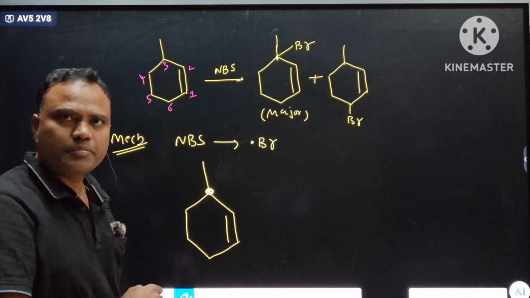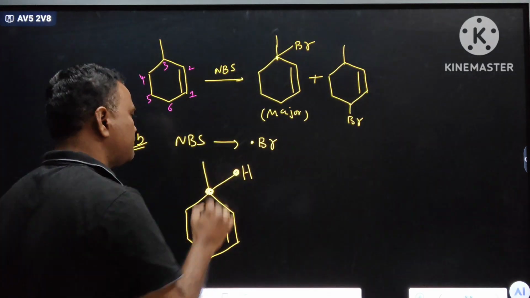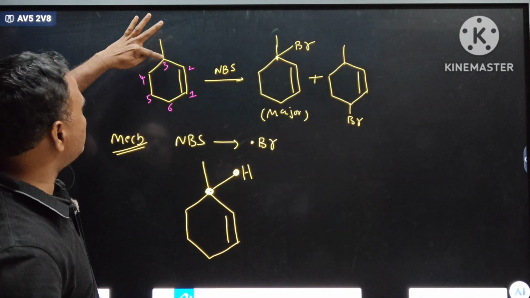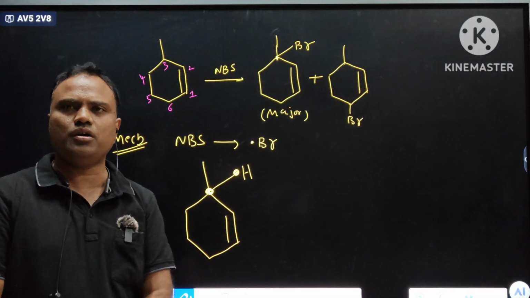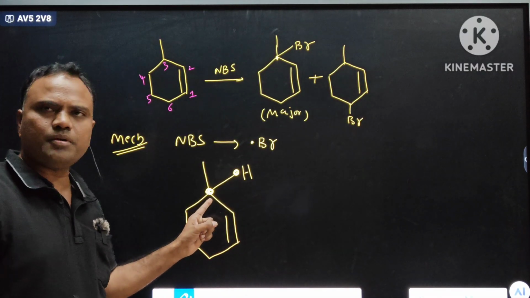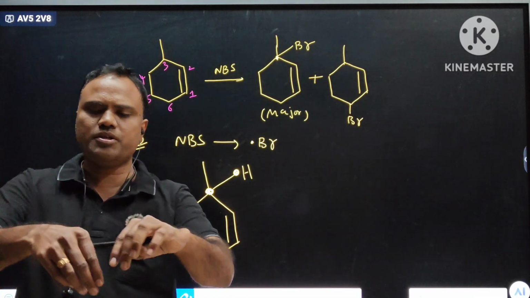Here, will one hydrogen be present or not? At the third carbon, at this carbon, already 3 bonds are present: 1, 2, 3. So you have to imagine one hydrogen. Between this hydrogen and this carbon, one electron is present. How does bond formation take place?